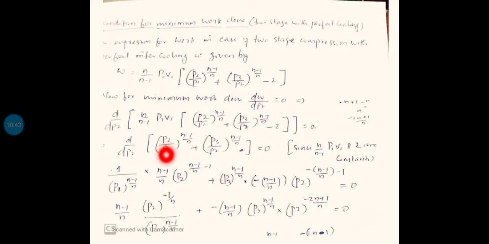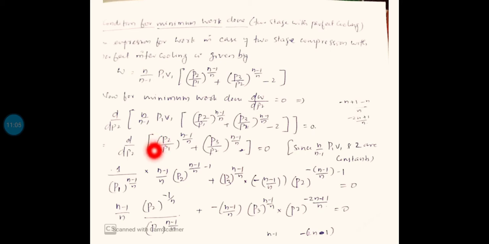Now differentiating with respect to P2, look at the first term. It is (P2 by P1) all raised to (n minus 1) by n. This can be written as P2 raised to (n minus 1) by n divided by P1 raised to (n minus 1) by n. Everything in the denominator is constant, P1 raised to (n minus 1) by n is constant, so I have taken 1 by P1 raised to (n minus 1) by n outside.